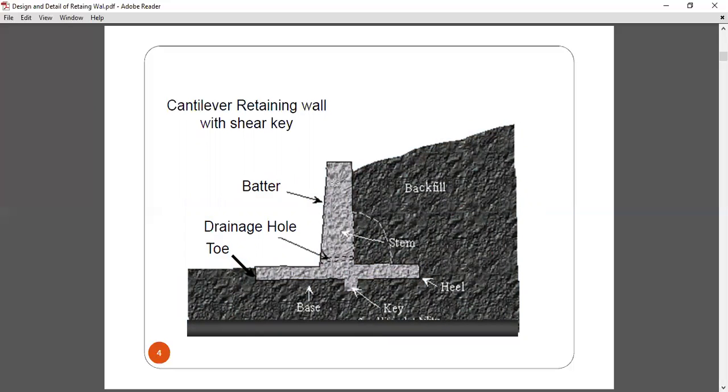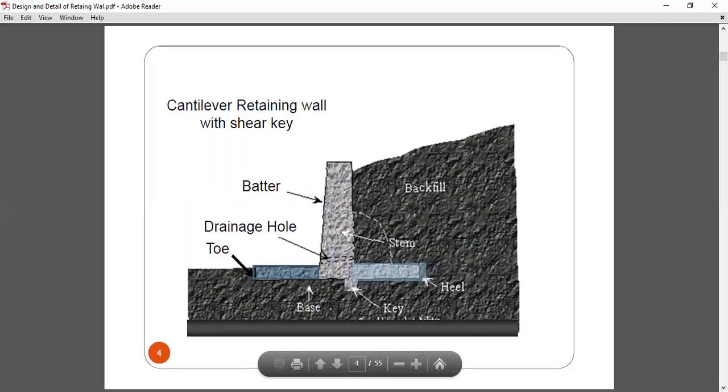Here we show the elements of a retaining wall. The main portion is the stem. The lower forward portion is the toe, whose upward area is empty.